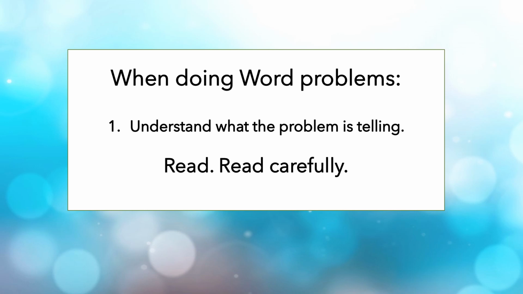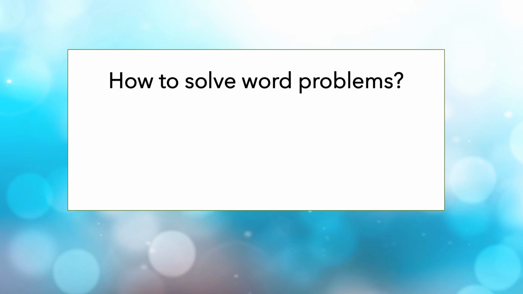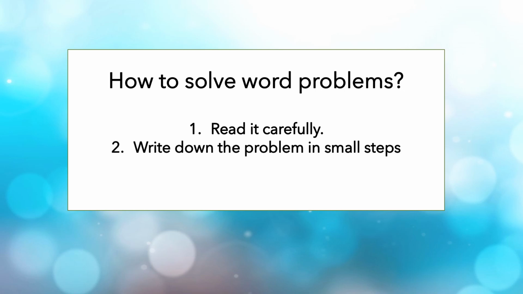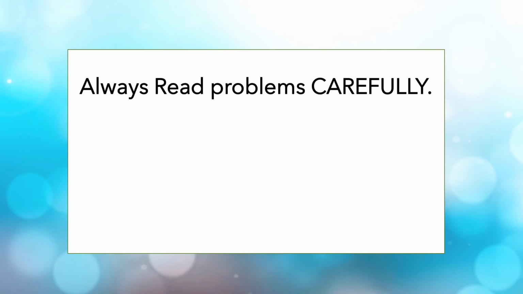First, we will read, and we will read very carefully. So what are the steps to solve word problems? First, we will read it carefully. We will then write down the problem in small steps, and then we will find keywords. We will see in more detail how we do these steps when solving word problems.